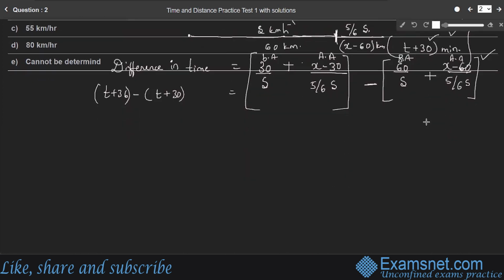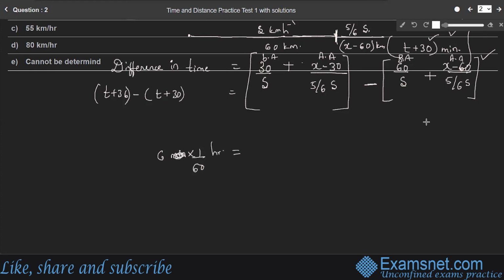Now to simplify: the difference in time is 6 minutes, right? Since distance is in kilometers, we'll express time in hours, so that we can express the speed in kilometers per hour. 6 minutes is equal to 6 into 1 by 60 hour, that is 1 by 10 hour.